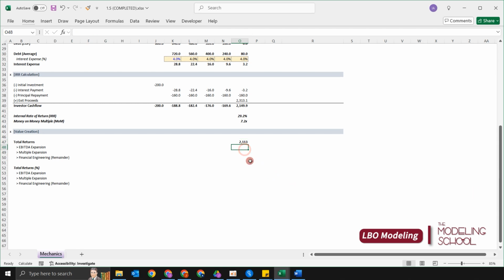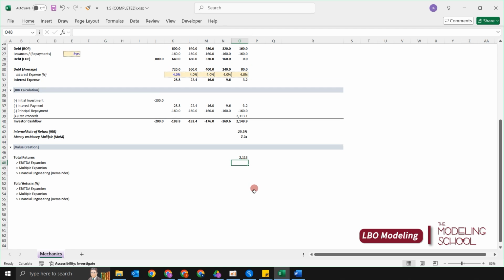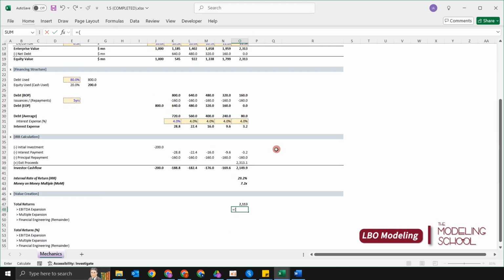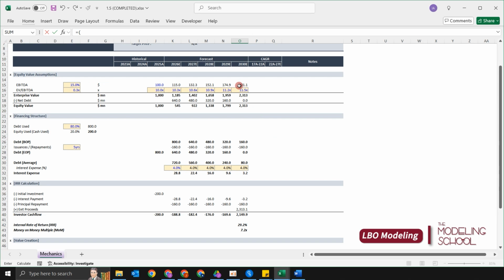How much does EBITDA expansion contribute to this number? So how we're going to calculate this is that we're going to anchor the entry EV/EBITDA multiple, but multiply it by the differences in EBITDA. So we're going to subtract the beginning year's EBITDA from the ending year's EBITDA.